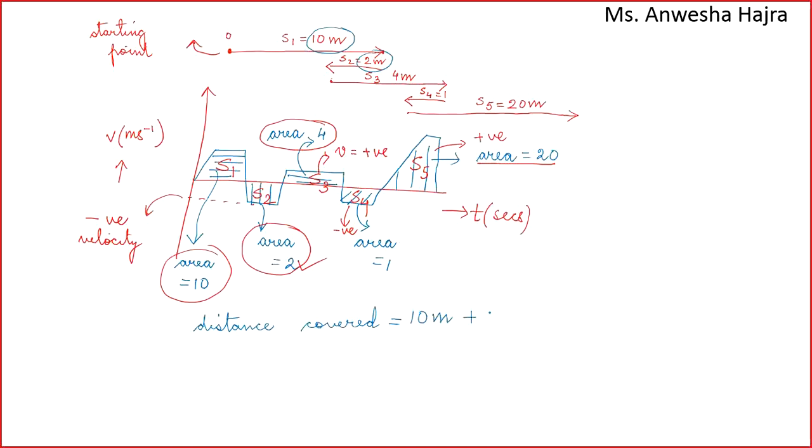I have come back 2 meters. Then I have gone 4 meters. Then again I have come back 1 meter. Then again I have walked 20 meters. So this is my distance covered. Just add.